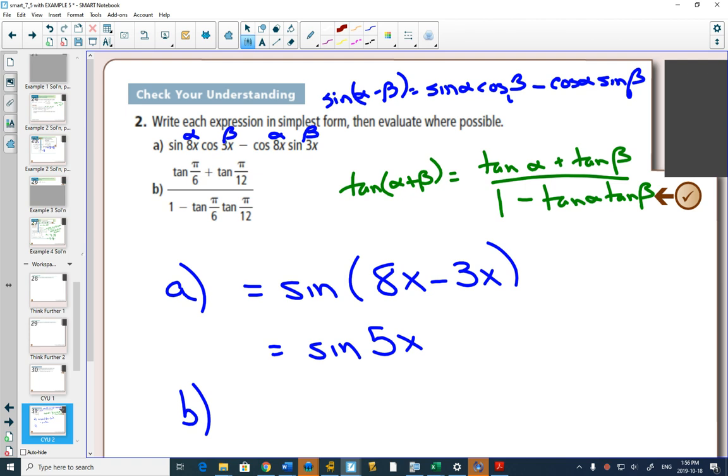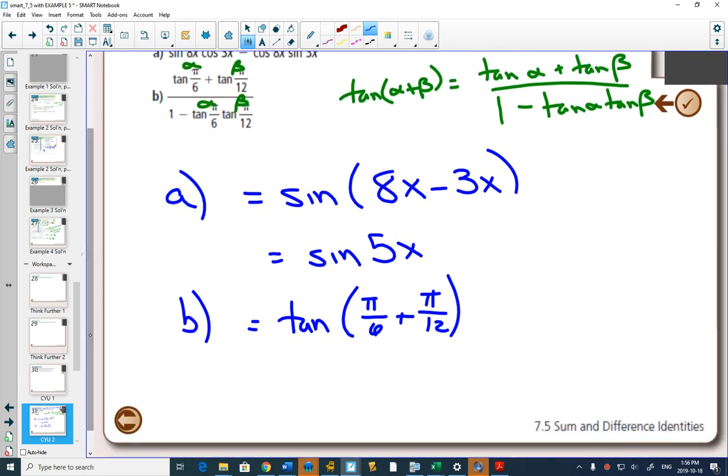And that matches up with what we have. So in our equation, this is our alpha, this is our beta. This is our alpha, this is our beta. And so we could rewrite this as equal to tan of pi over 6 plus pi over 12.